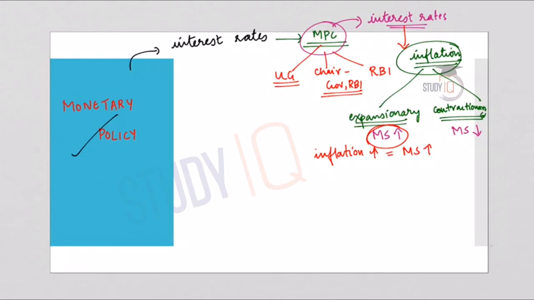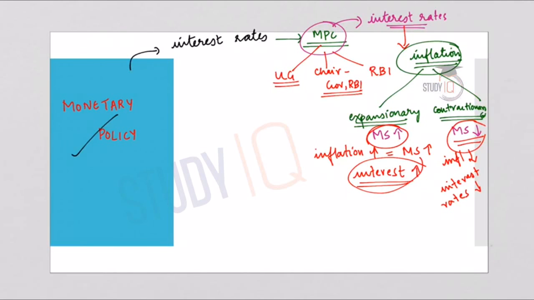Remember that when inflation rates are high, the interest rates would increase in order to reduce the money supply. The exact opposite will happen when there is decreased money supply. That is, when there is decreased money supply, it means there is decreased inflation. And when the inflation rates are less, the interest rates will also be cut in order to increase the money supply in the economy.